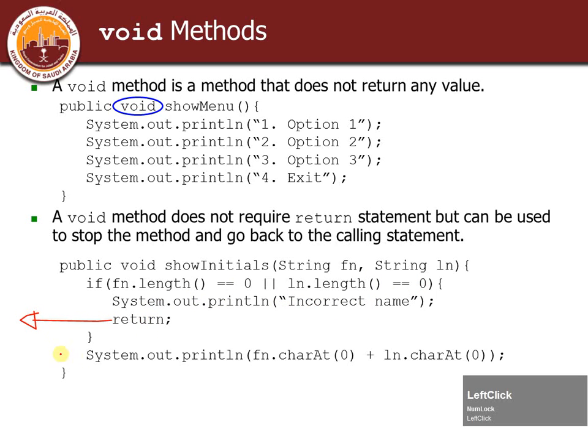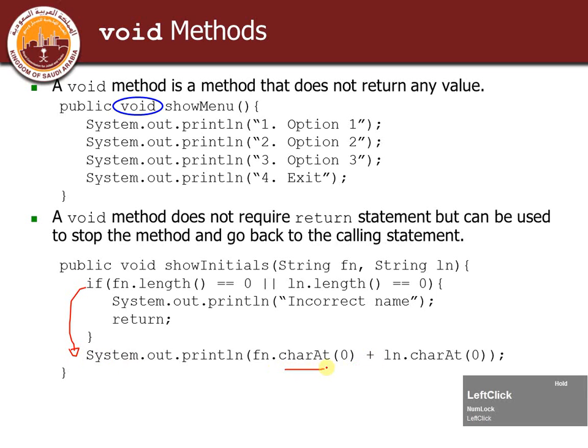That means this is not going to be displayed on the screen because I will never reach it in the case where one of them is empty. If none of them are empty, then I'm not going to get inside of the if, and I'm going to execute whatever it's in here.